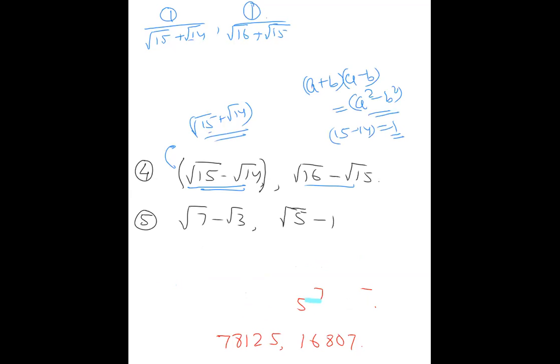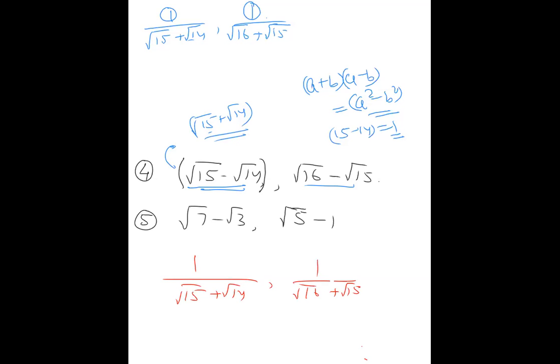What we are getting are simple numbers: 1 upon root 15 plus root 14 and 1 upon root 16 plus root 15. So which one is greater, root 15 plus root 14 or root 16 plus root 15? Sir, root 16 plus root 15. Right? So this number is greater. If the number below is bigger, then after division the number is smaller. So root 16 plus root 15 is bigger, meaning this one is smaller. The negative sign is the same in all. Is it okay?